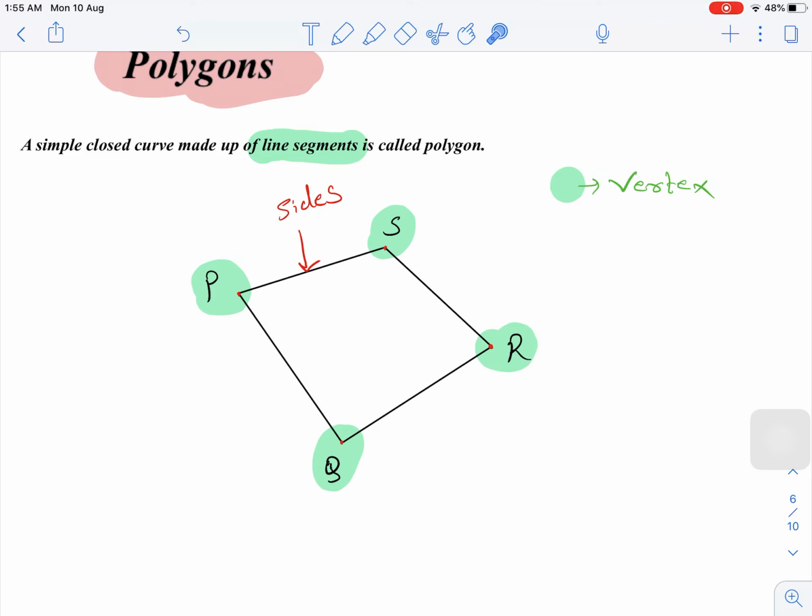So here in this figure there are four vertices. Why? Because these two sides meet at point P, these two sides meet at point Q, and similarly R and S. So for this figure there are four vertices, that is the plural form. So what is a vertex? Where two sides meet each other, that point is known as the vertex.